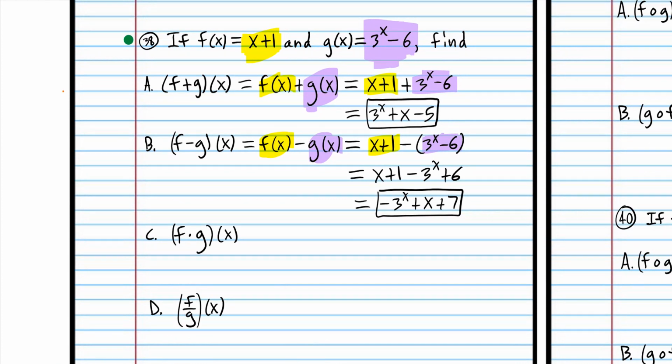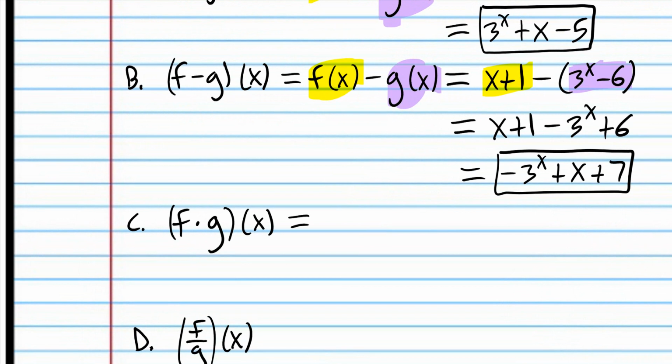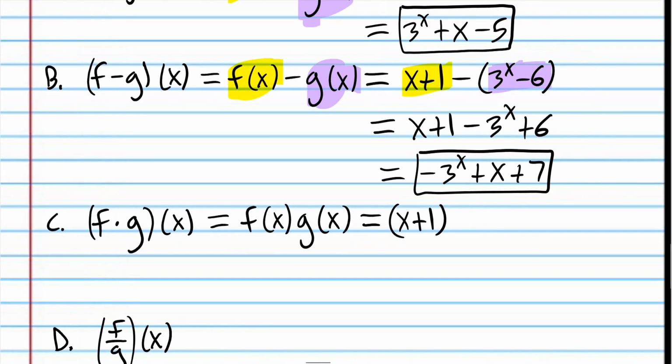Okay, we're back. So now we're trying to find f of x times g of x. F of x is x plus 1. G of x is 3 to the x minus 6.